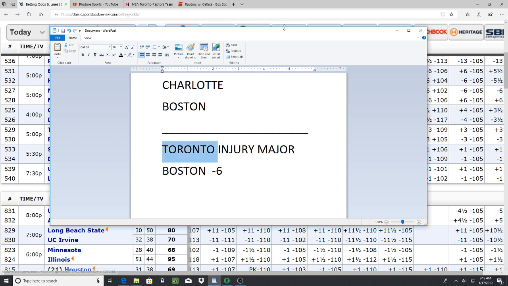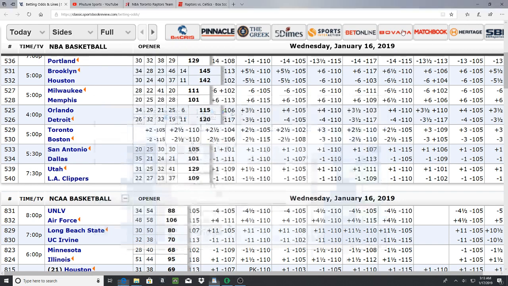So in that case, Toronto may cover this game because they're shading this line toward Boston for some reason. If it was a -6, the public would be coming in on Boston because there might be some major injury. Toronto gets up for this game and covers this +6, but they didn't. So you got to watch out for that. They made this line a 2. So we know that they are shading this line toward Toronto.